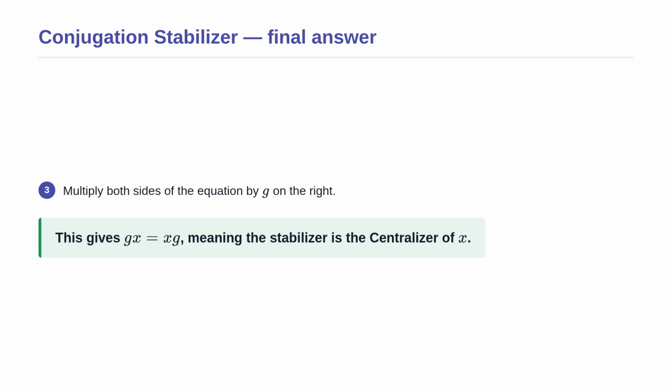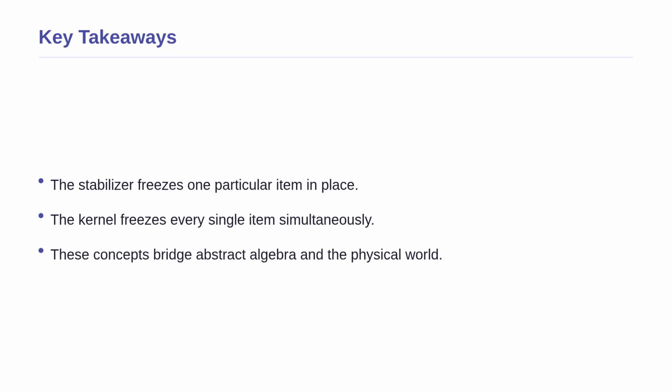Therefore, the stabilizer of X is simply the collection of all elements that commute with X, which is famously known as the centralizer.